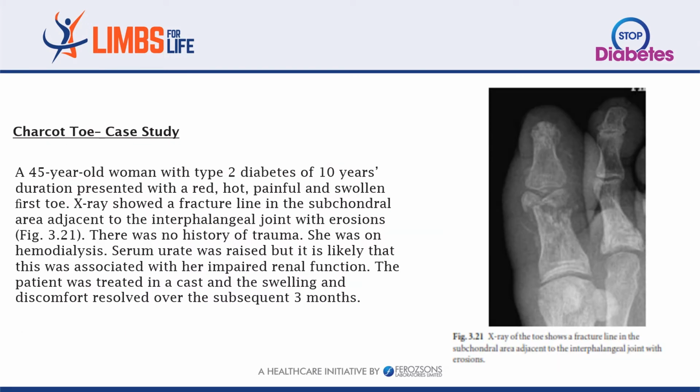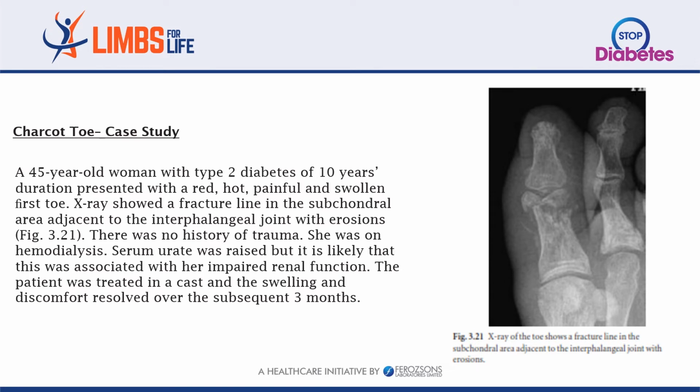And the second case, a 45-year-old woman with type 2 diabetes mellitus of 10 years duration, presented with a red, cold, painful, swollen first toe. X-ray shows a fracture line in the subchondral area adjacent to the interphalangeal joint with erosion, as shown in the figure.